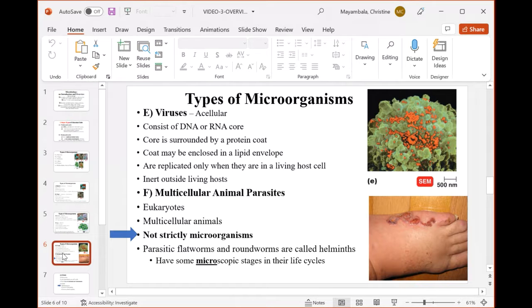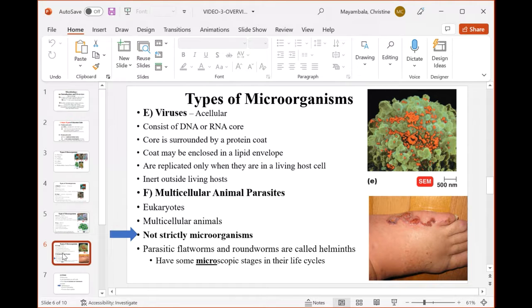In other words, when they're laying their eggs, those eggs may not be visible to the naked eye. You need a microscope. So that is one reason they're included in the term microorganism, because for some of their life cycle stages, you have to look under the microscope.